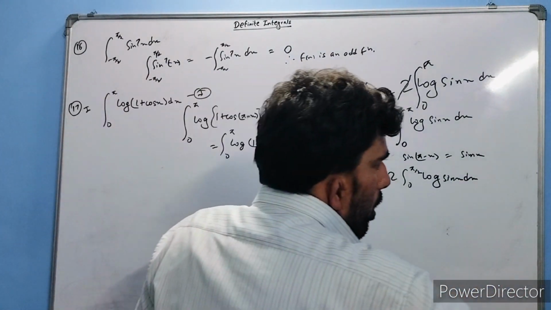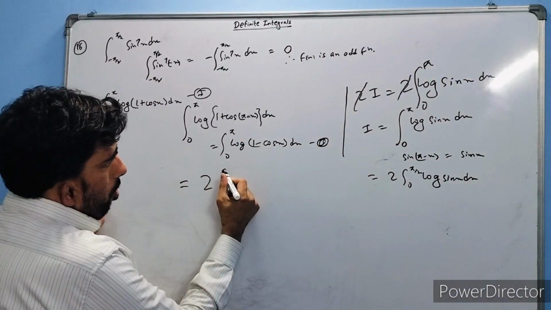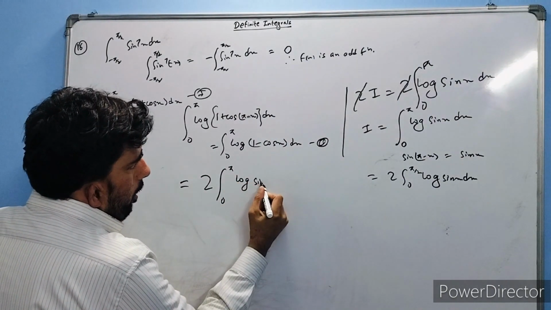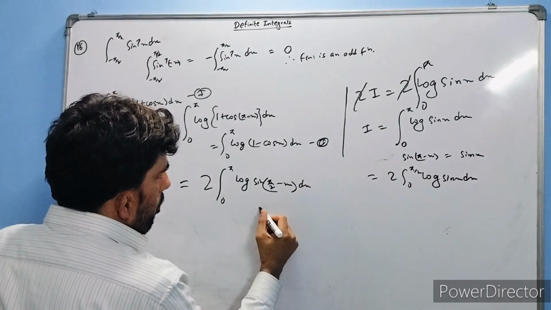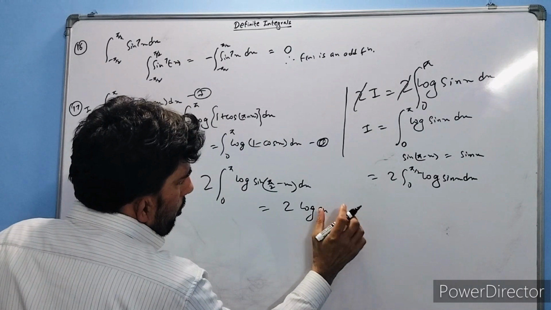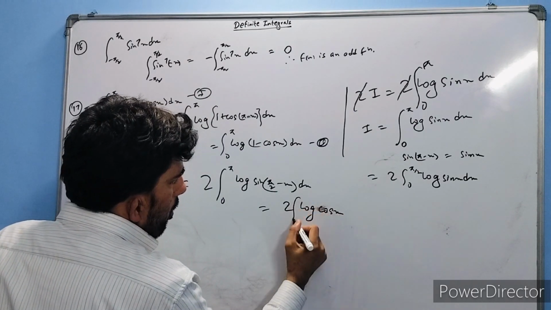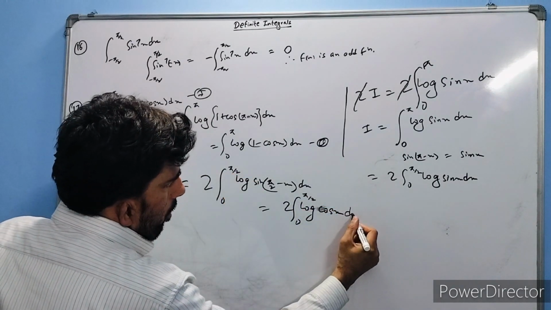Now after solving, what I will get here is 2 times the integral from 0 to pi by 2 of log sin of pi by 2 minus x dx. It will be 2 log cos x, from 0 to pi by 2, dx.